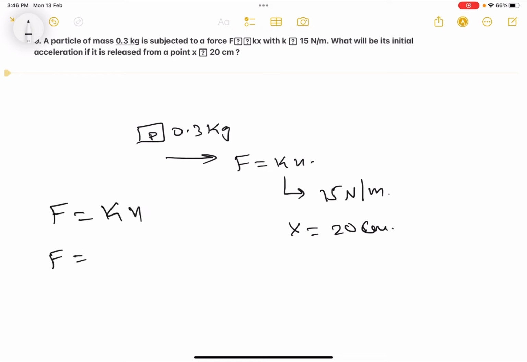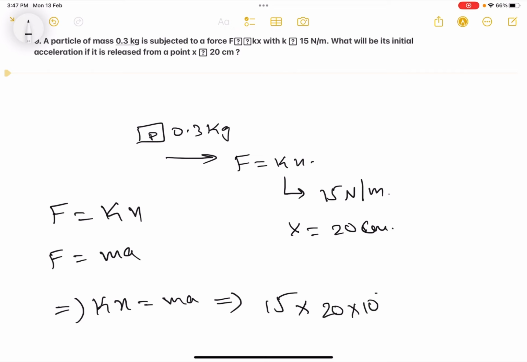Okay, so F is basically equal to Kx. F is also equal to ma, which implies Kx is equal to ma. What is K here? K is 15 Newton per meter into x is 20 centimeters, which is 20 into 10 to the power minus 2 meters.